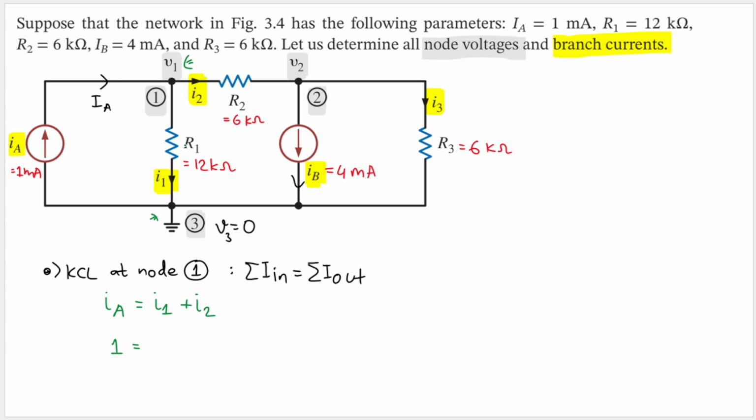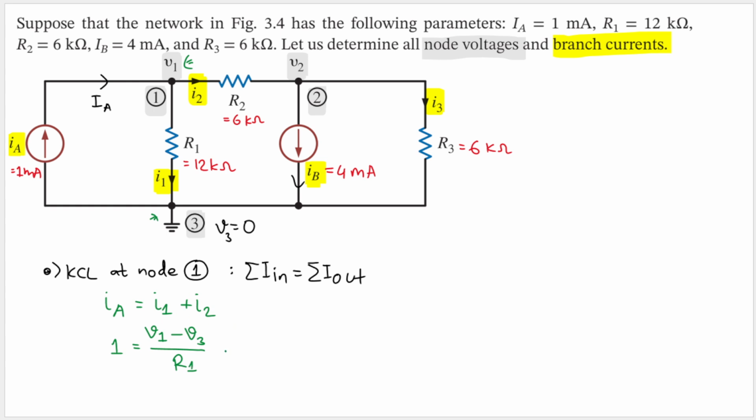So the voltage between them, and then divided by the resistance between them. So we will have V1 minus V3 divided by R1. Good. And that is I1.